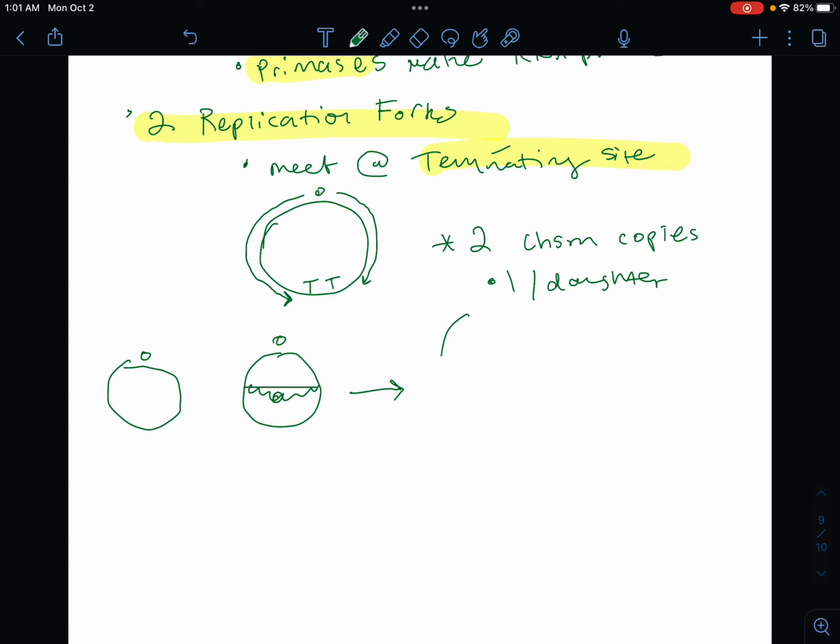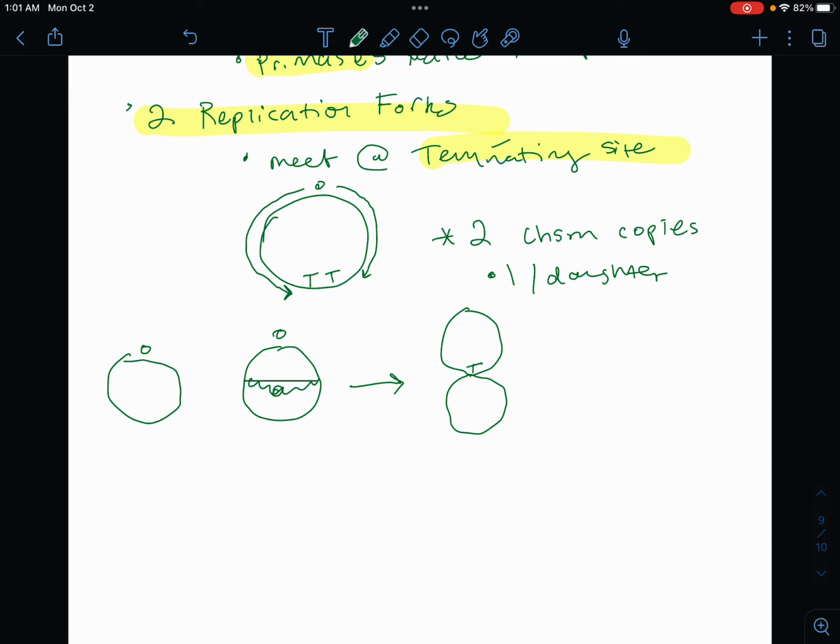Then we're going to have this weird aggregation happening, and this is going to be the terminating site, the center where those 2 meet.